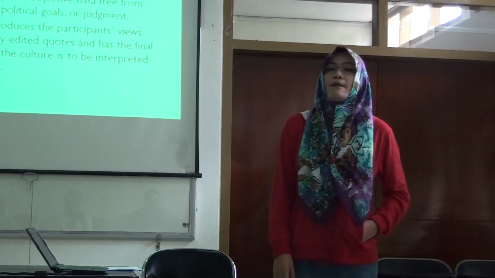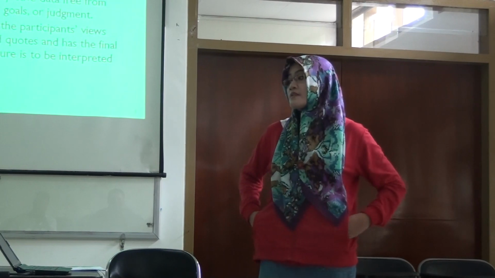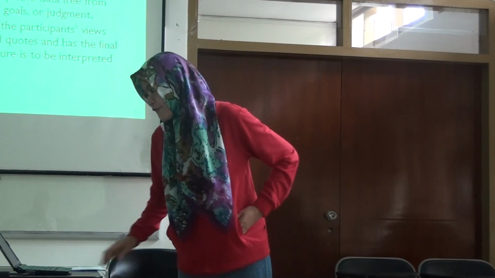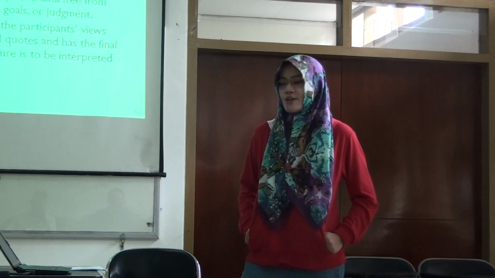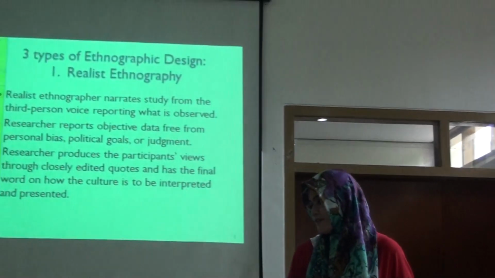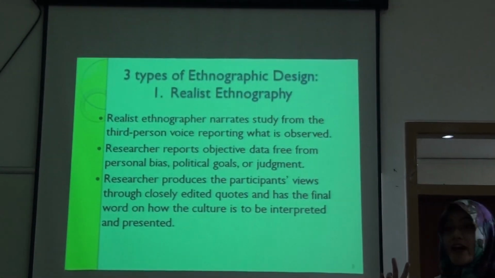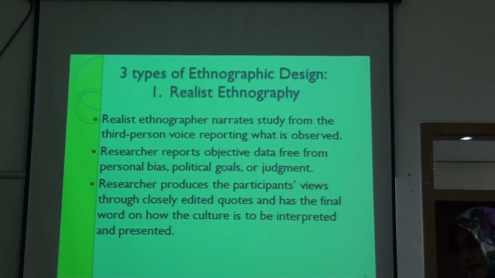And then there are many types actually of ethnographic research, right? But all of them can be summed under three. The first is realist ethnography. Yes? What is realist ethnography? A realist ethnographer narrates the study from the third person, retelling a story in the third person voice, reporting what is observed by the researcher.